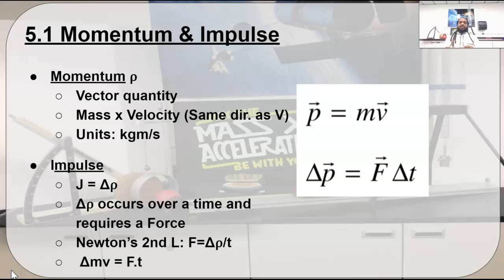A change in momentum: if we have our initial momentum and our final momentum and we subtract them, we get our change in momentum. Delta mv: we can calculate m and v, or even have the same m and calculate the delta v, and that will give us our change in momentum when we multiply the m by the delta v. Or net force multiplied by the time over which it acts. That's assuming that the net force is constant.